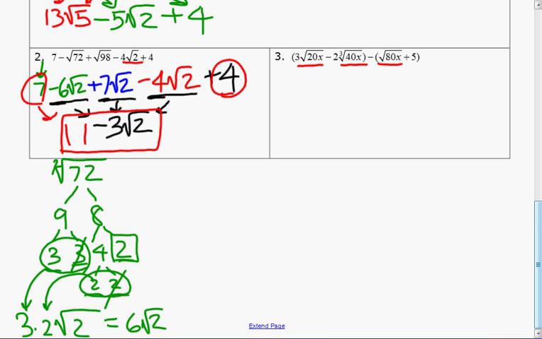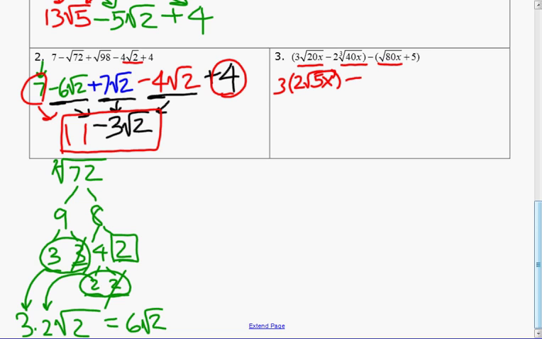All right. Okay, well, welcome back. Let's see what it is when we simplify them, okay? So we have this 3. This 3 comes along for the ride, and then square root of 20x turns into 2 square root of 5x.